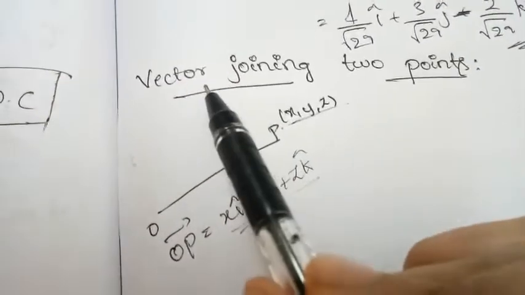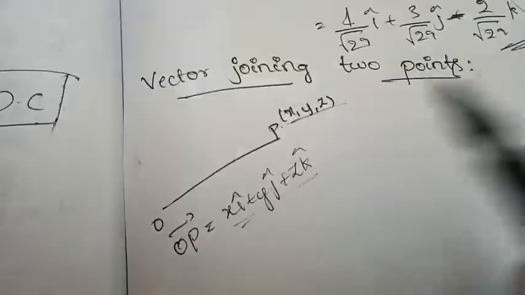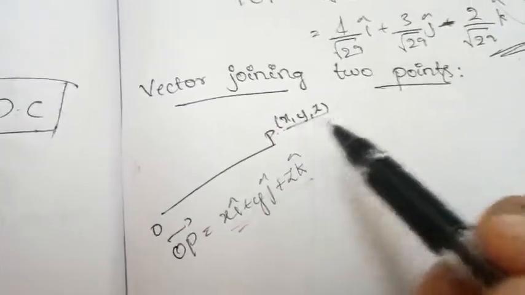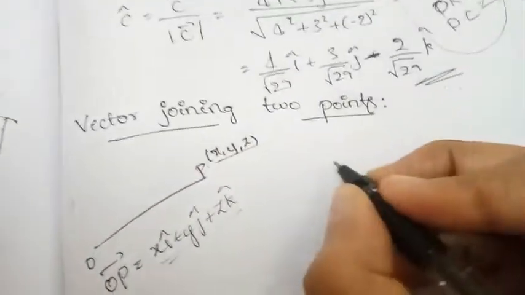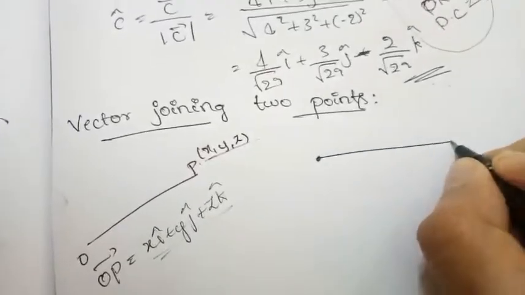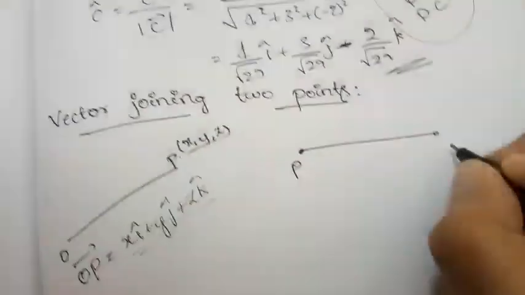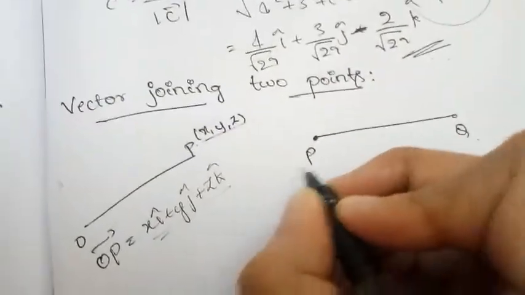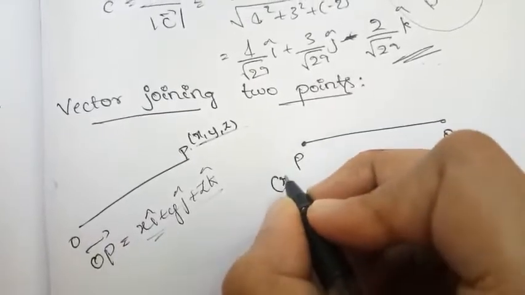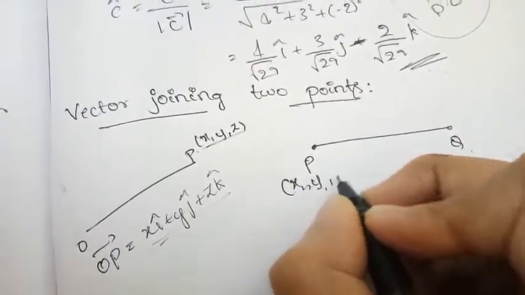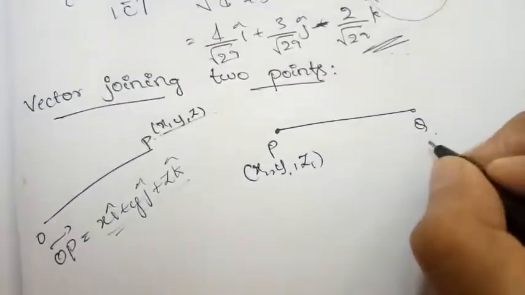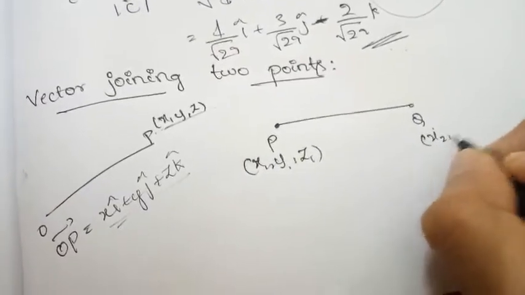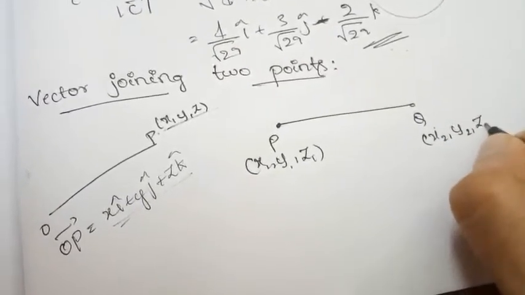Suppose now we are looking for the vector joining any 2 points. The points might be any 2 points in the plane. Let them be point P and Q. The coordinates of point P be x1, y1, z1, and the coordinates of Q be x2, y2 and z2.